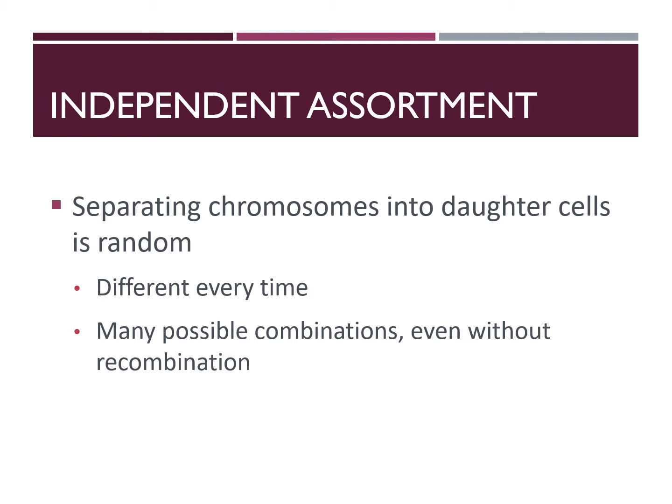They can line up any possible way. You can end up with anything from all from one grandparent to 22 and 1 to 11 and 11, or 11 and 12. Okay. And so even if they didn't have recombination, you would get some genes from each grandparent in the gamete.